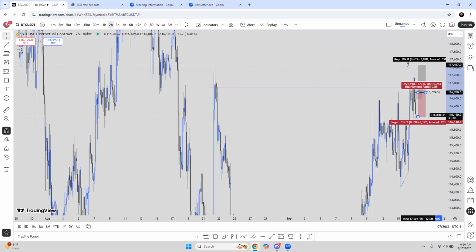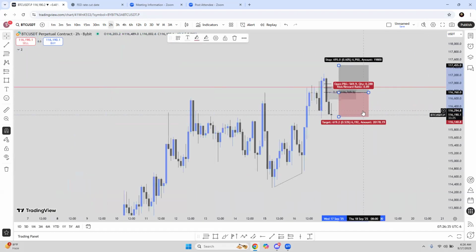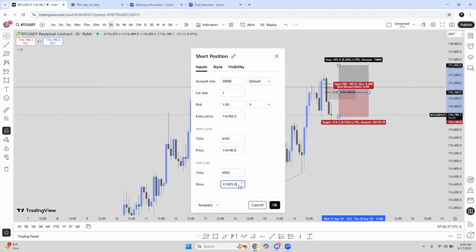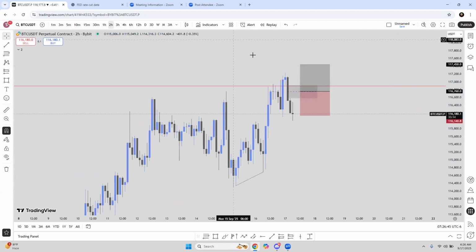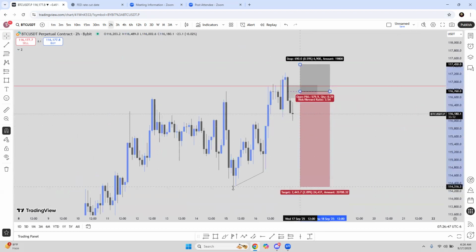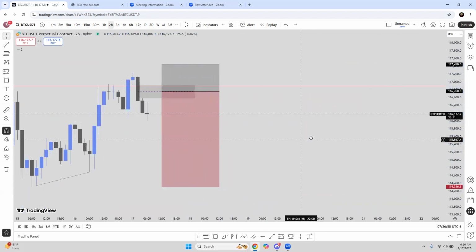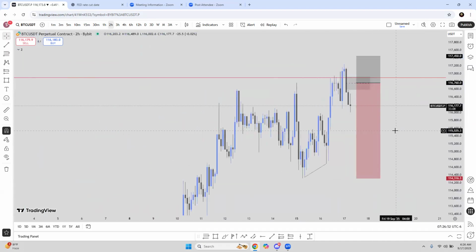I will strategize to somewhere here, like 450. And what will be the target? This one will be the target at 3.54 R.